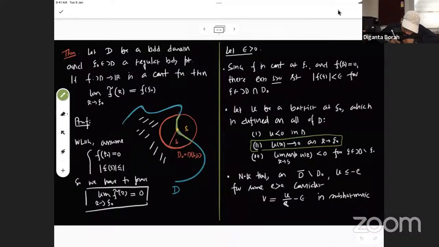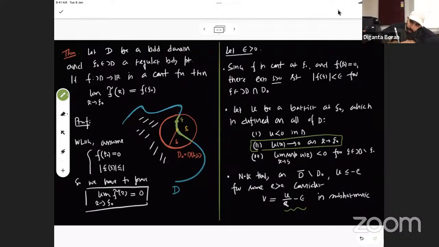So let's take zeta from this part. Suppose zeta is here. Because lim sup of u is less than 0, because it is a barrier, right? So lim sup of v will be less than minus epsilon.